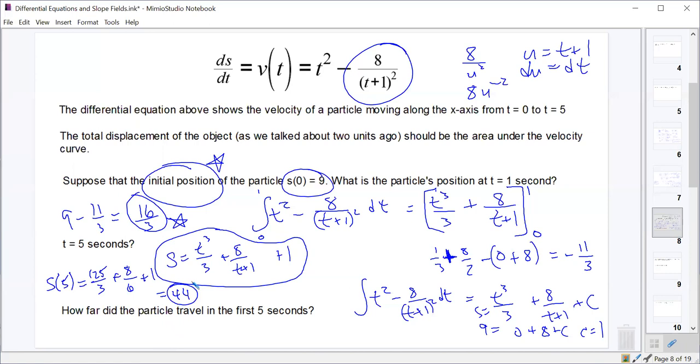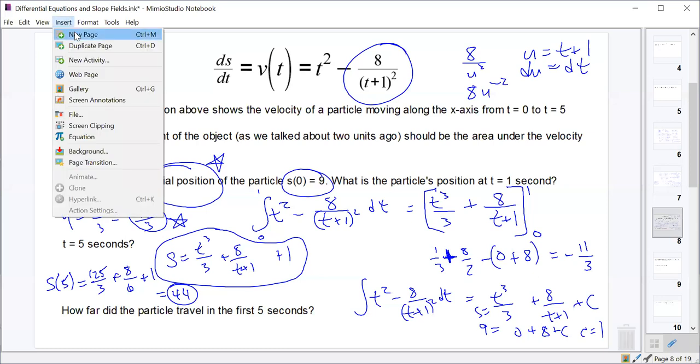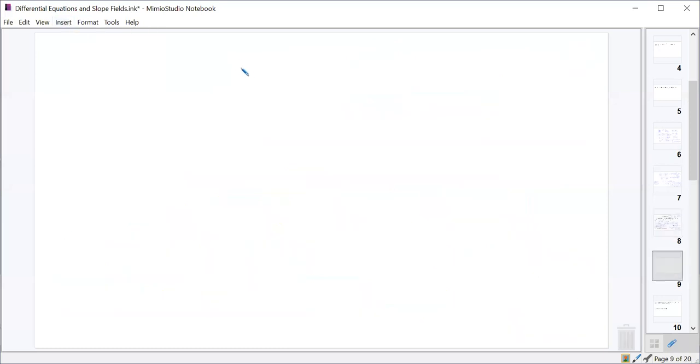And so what we can do, and I'm going to give us a new page for this real quick here. The speed of a function is always equal to the absolute value of the velocity function. That's something that I briefly mentioned way back when we were first talking about derivatives. The speed is the absolute value of velocity.